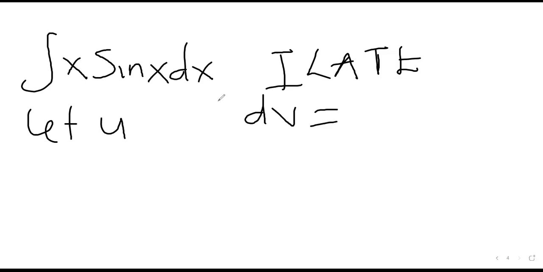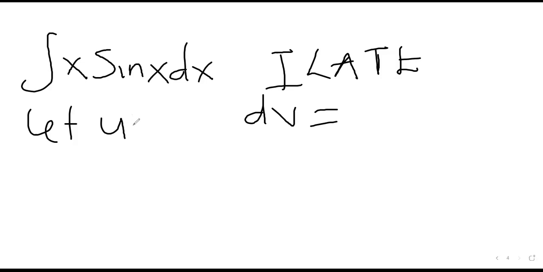So the question here is, how do we determine which function is going to be u, and dv is just what remains after you've found u? How do we get this value of u?